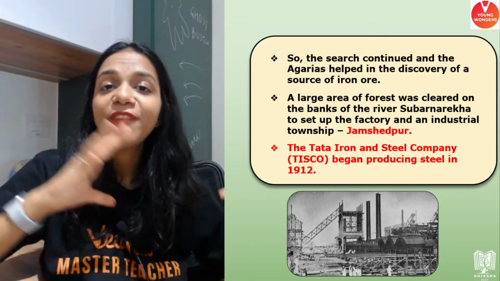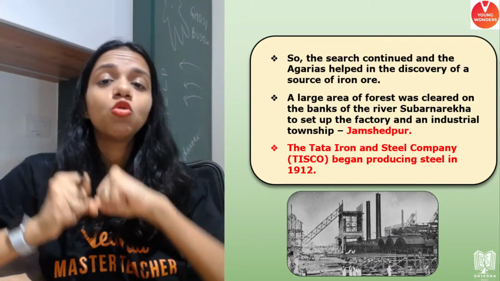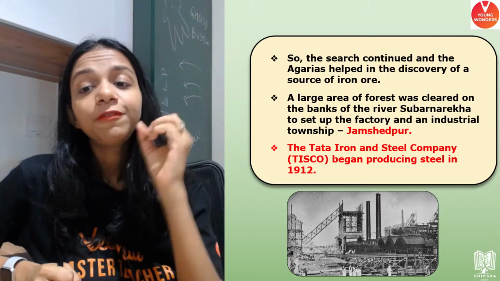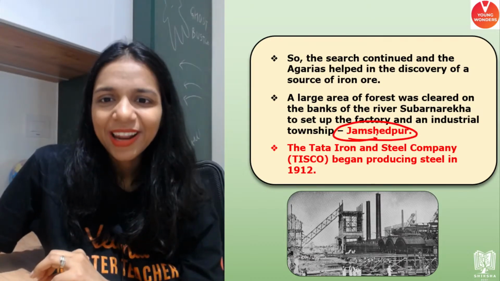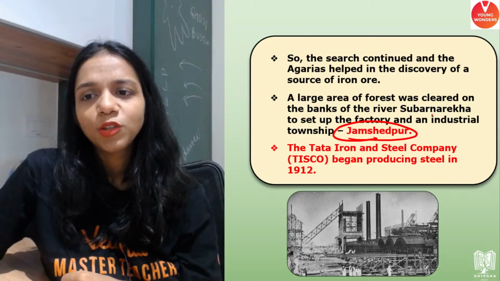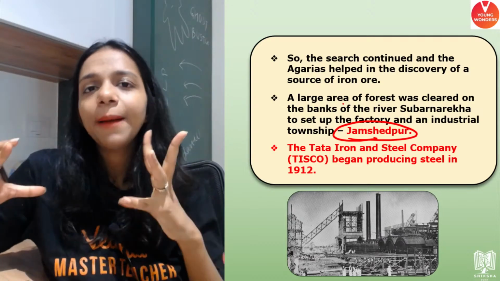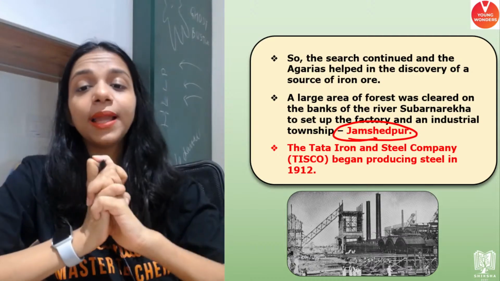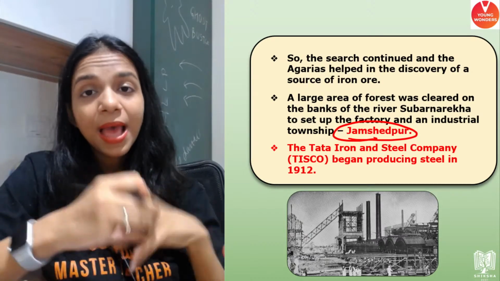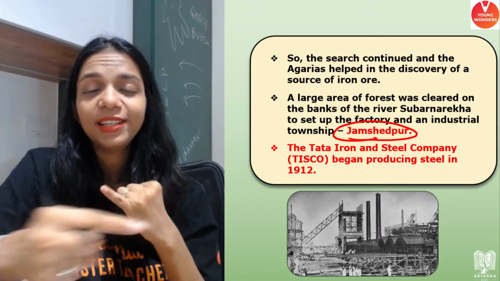However, they found an area where they could get good quality iron from. Finally, they set up an iron and steel industry in Jamshedpur, right near the river Subarnarekha. And the entire area around it was set up as an industrial township, where all the workers who worked in the industry lived.